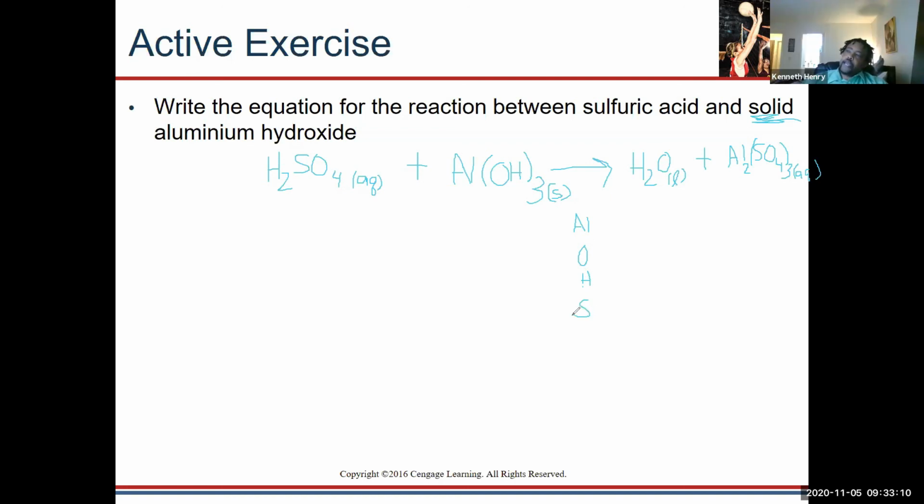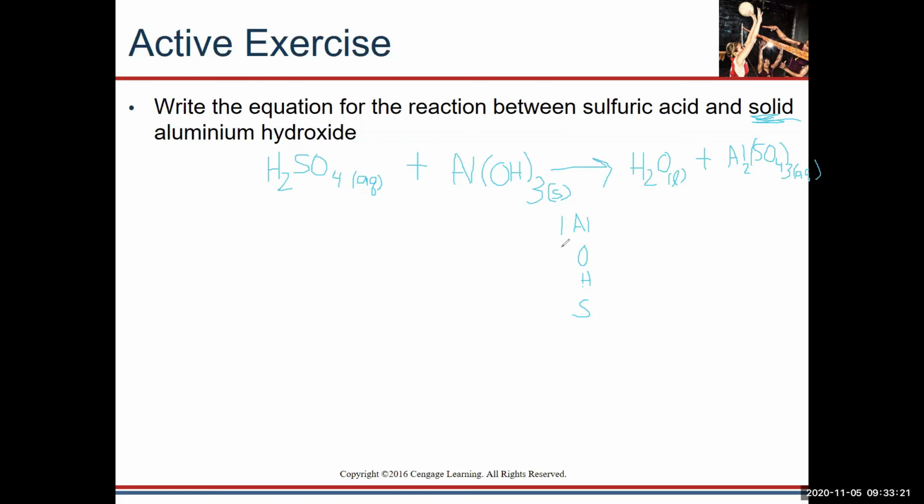Okay, on my reactant side, how many aluminums do I have? 1. Oxygens, 7. Hydrogens, 5. 1 sulfur.